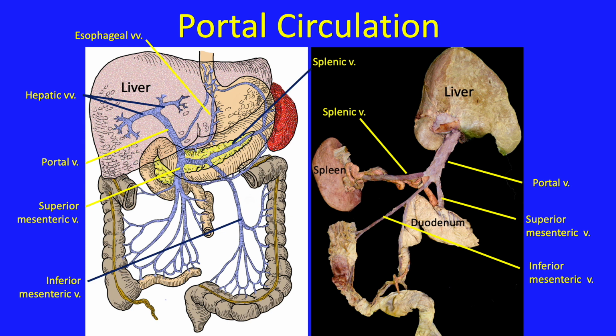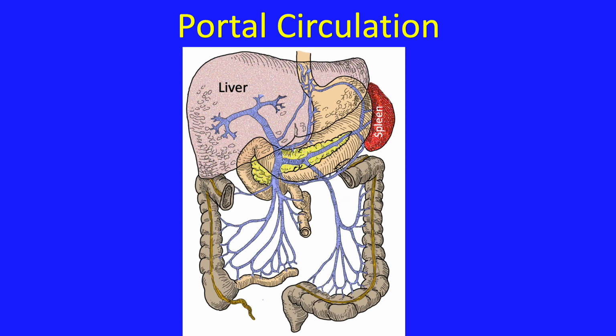Now, the issue becomes, what happens when liver disease ensues, for example, cirrhosis of the liver, and portal drainage to the hepatic veins is impaired? If the situation persists, the venous return goes from abdominal organs to liver, to now going from liver to abdominal organs.